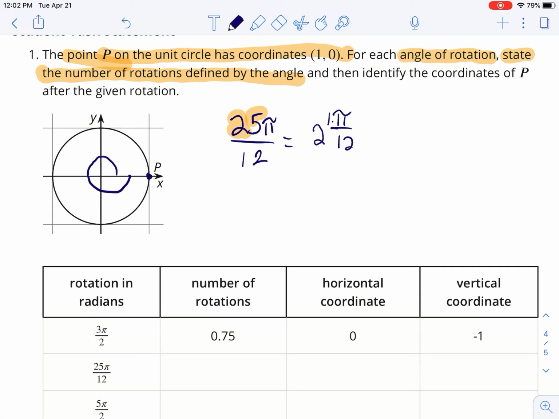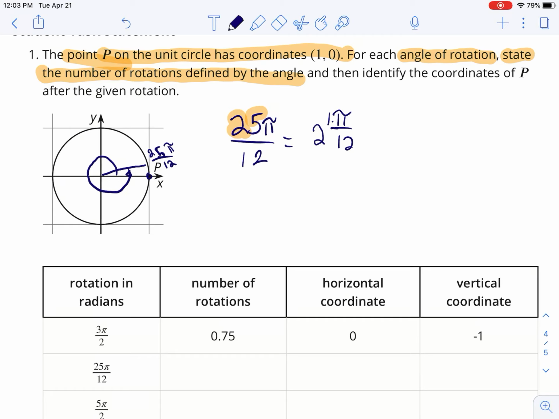So once again, we have 2 pi, and then we have 1/12. 1/12 is going to be a little bit less than 1/6, so we're going to be going a little bit further. So we have 25 pi over 12. This is where your angle is going to be at.